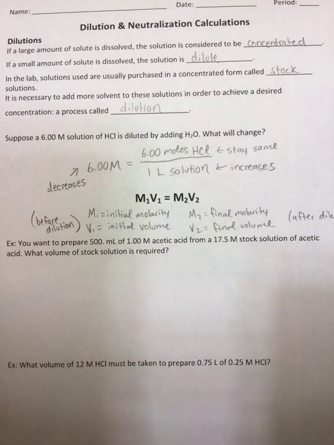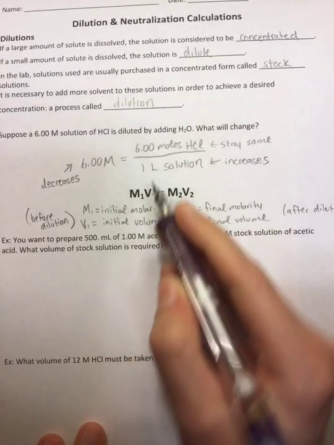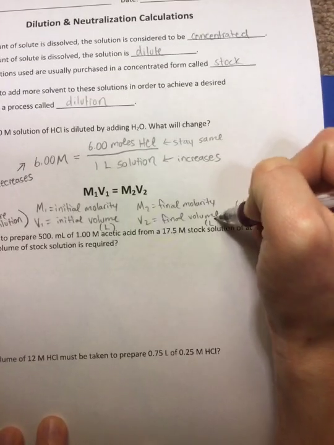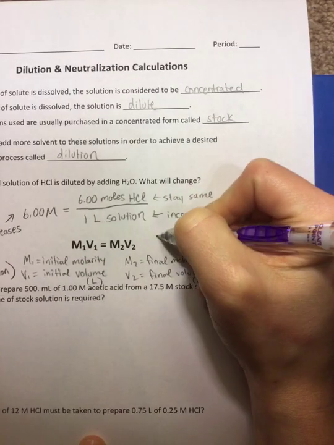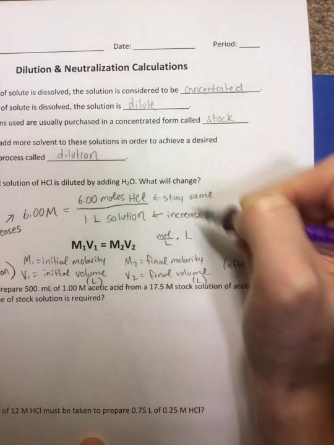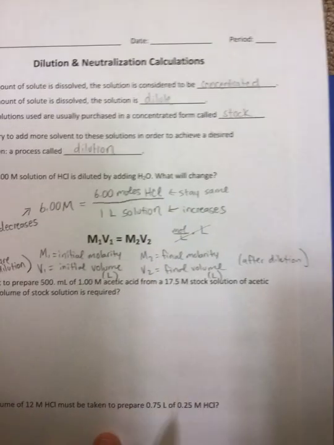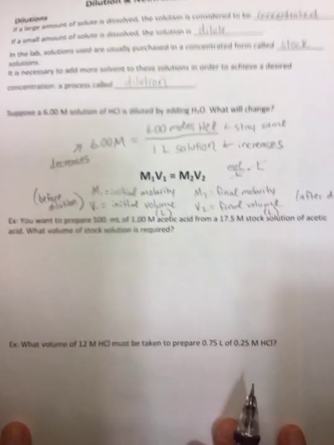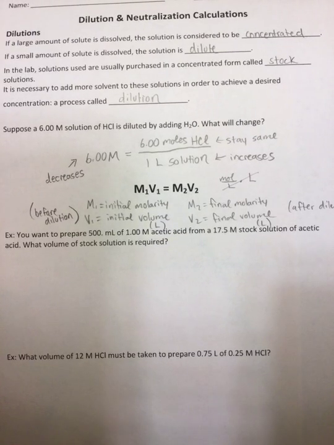I didn't say this up here, but these volumes are always in liters. Always, always. And the reason for that is because molarity is moles per liter, and we want the liters to cancel out with each other and get you the moles that you want. So you have to convert the volumes to liters no matter what if you're going to do this calculation.